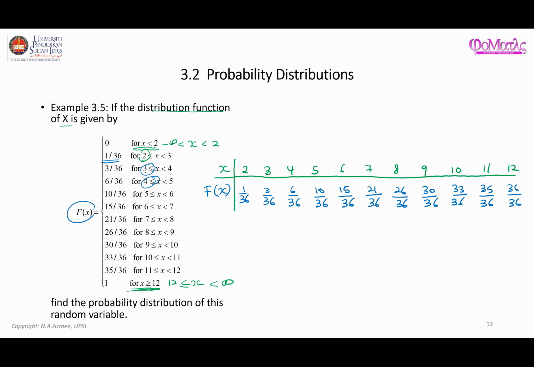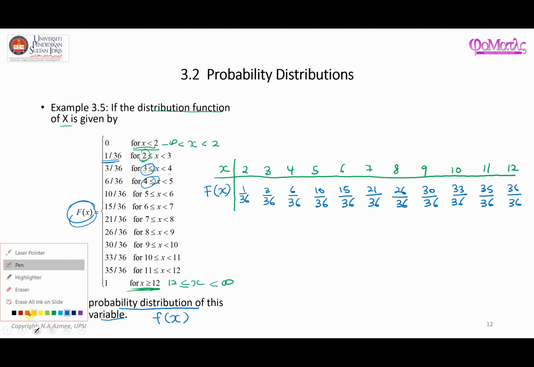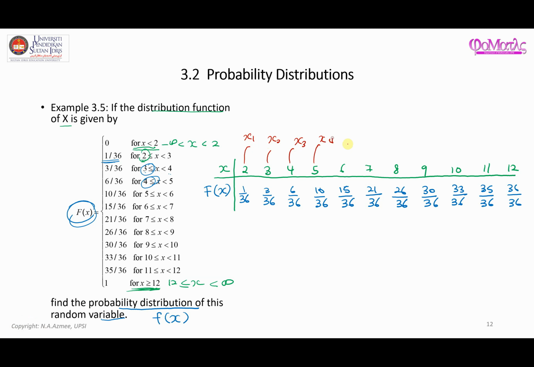So that's the result here, and you are required to find the probability distribution of this random variable, which is small f. So this is what you need to find. Now let me demonstrate that this one is x1, this is x2, this is x3, this is x4, and this is xn.